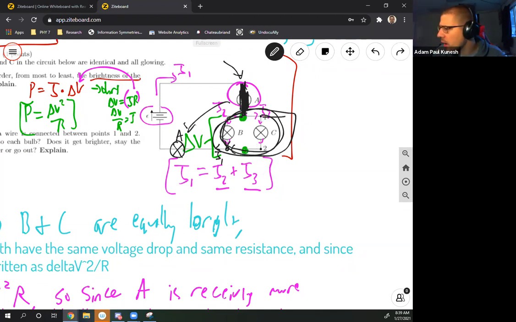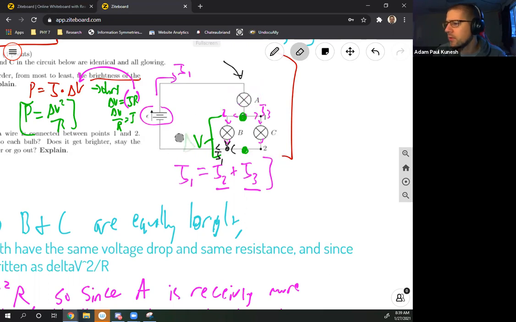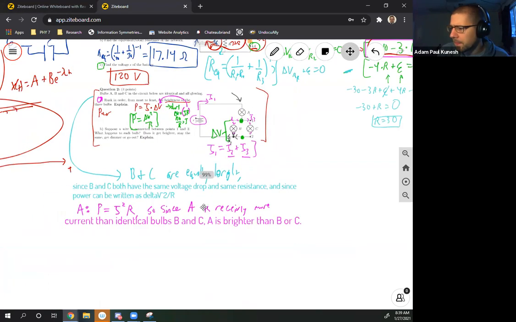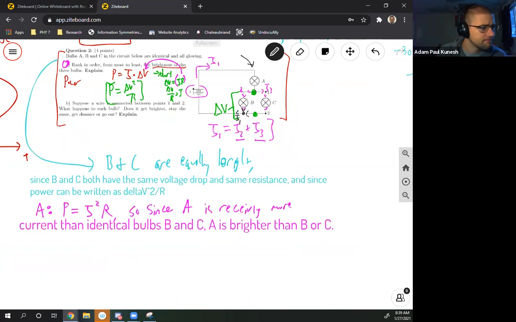Or if I put A over here, now it's in parallel with B and C. But if I just put it in series with this BC section, then my circuit is mathematically equivalent. It reduces the same way. Good question.